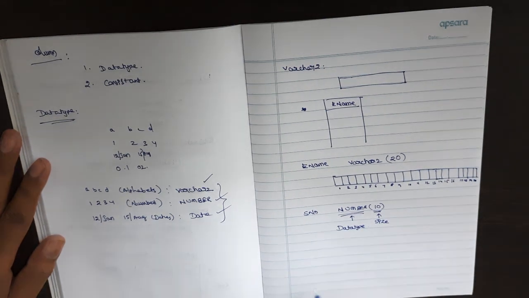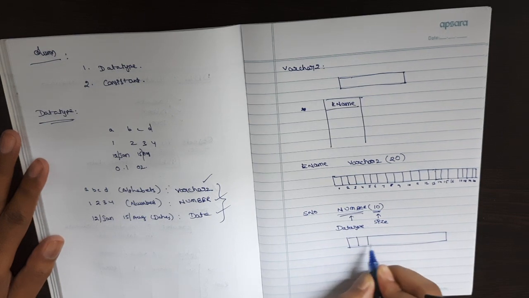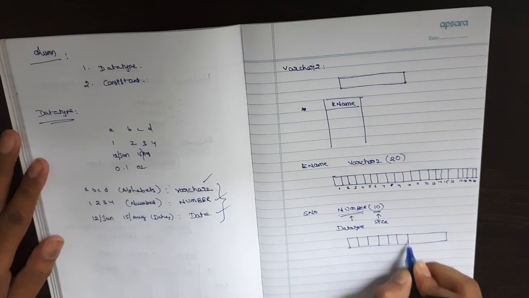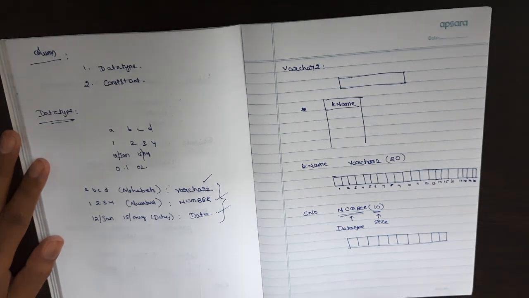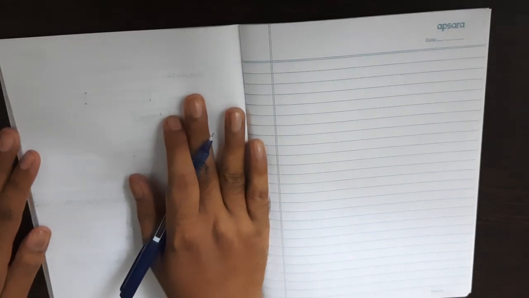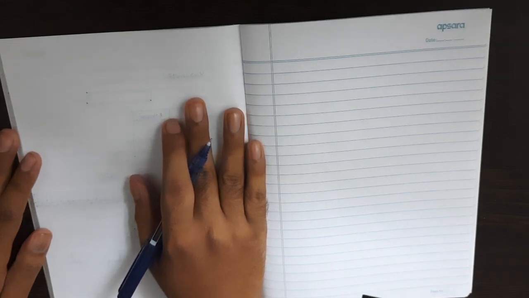It will be like 10 blocks, 1 2 3 up to 10. So in our data types I am mainly considering number, varchar2 and date data types. There are so many other data types also available here.